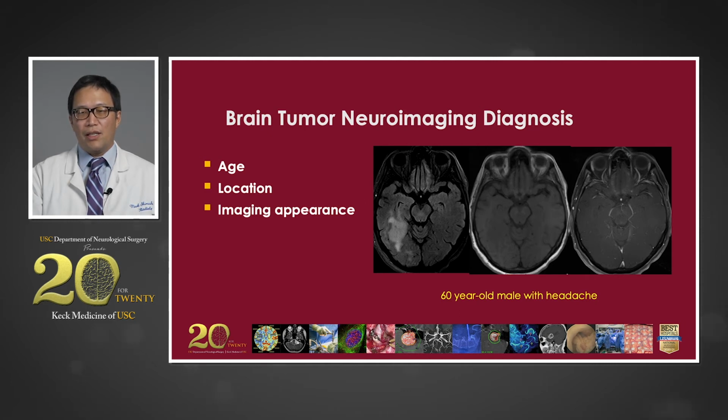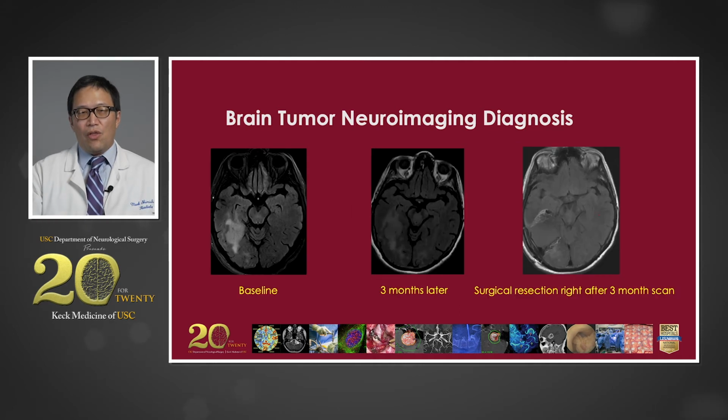So this was followed up with imaging, and 3 months later, as you can see, that lesion started to get a little bit bigger, and it was even more concerning for a low-grade glioma. So it was decided to undergo surgical resection to relieve the symptoms and also establish a histologic diagnosis.